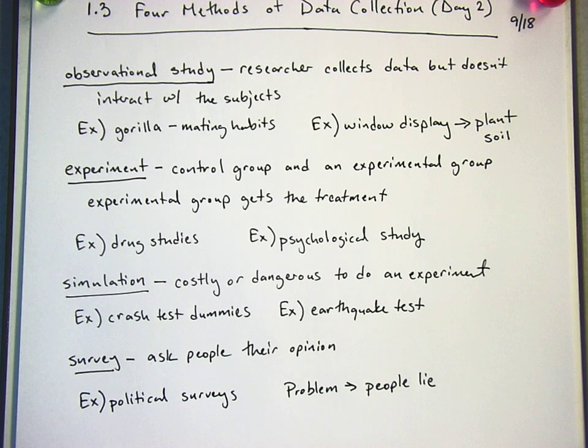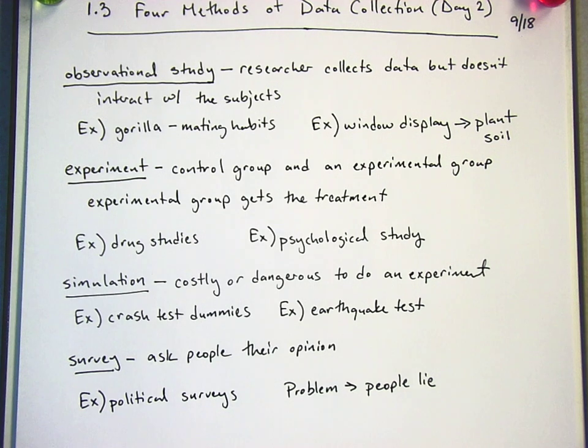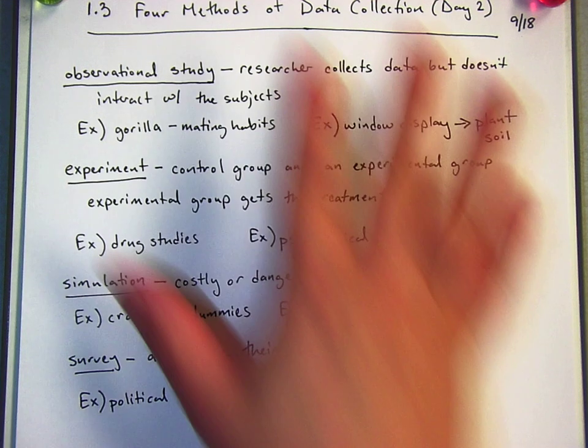For your homework tonight, what you have to do is come up with your own example of all four of these. You can't use one of the ones I did, so you can't be like, what if instead of gorilla mating habits, it was hyena mating habits? Just don't exactly copy mine.